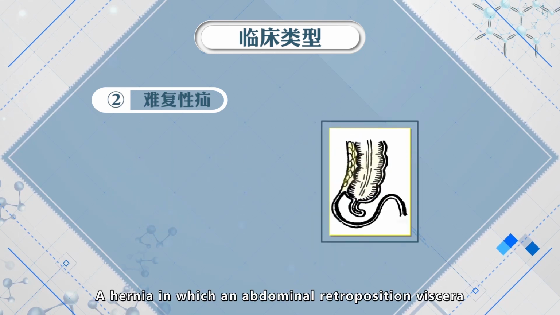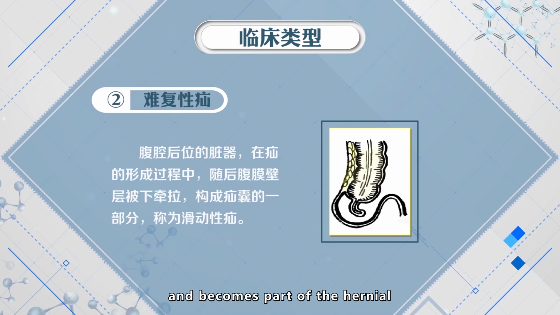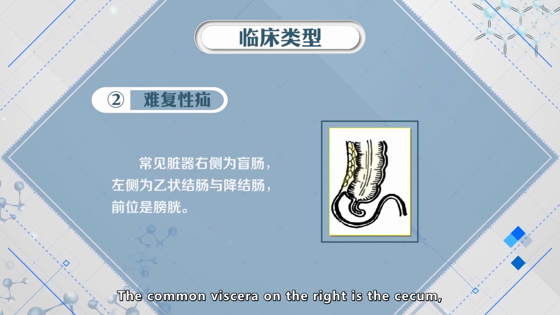A hernia in which a retroperitoneal viscus is dragged downward by the peritoneum during herniation and becomes part of the hernia sac is called a sliding hernia. The common viscus on the right is the cecum.